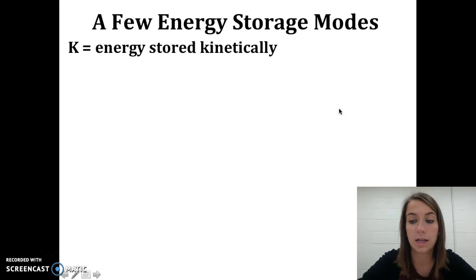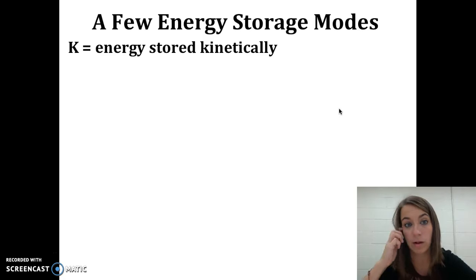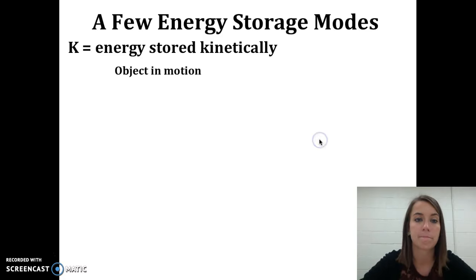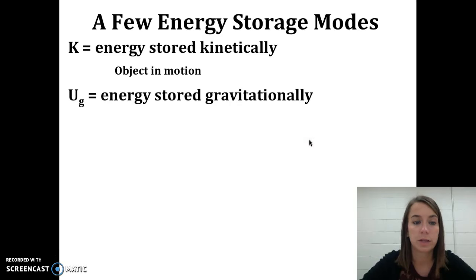K is what we're going to call kinetic energy. So that would be energy stored kinetically. The best example we've talked about so far is the bowling ball rolling down the bowling alley. So it would be an object in motion. Second one we're going to talk about is capital U lowercase g. So we're going to use this capital U to represent any sort of potential energy that's stored.